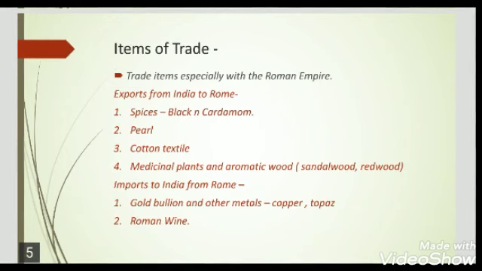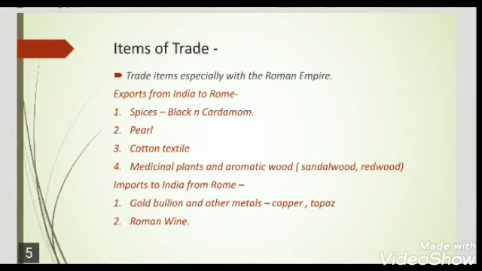What are the items of import? The most important one was Roman gold. This is very important when we do the next topic, that is coins. The Roman gold was imported, especially in the form of Roman coins, and that became very important.